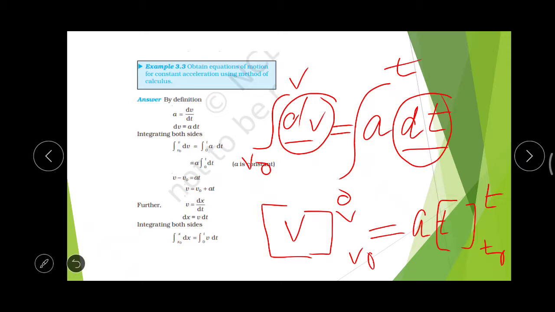Now, as you have the limits, you have to apply the limits to the integrated values also. In the square bracket, v in the limit of v0 to v becomes v minus v0.